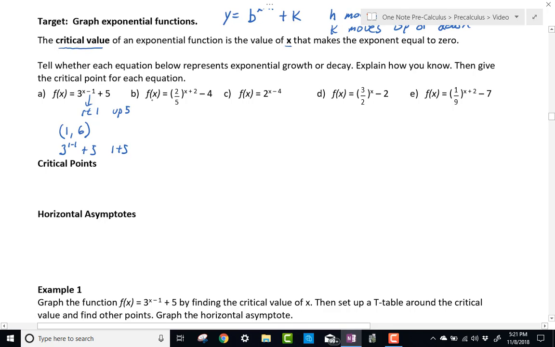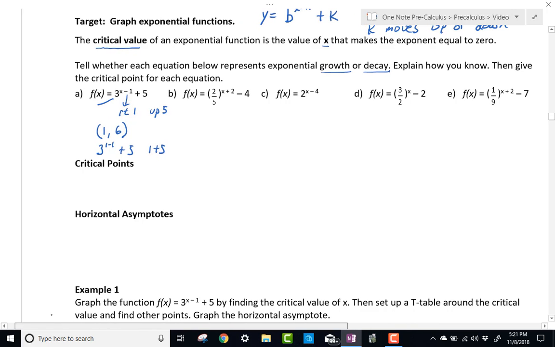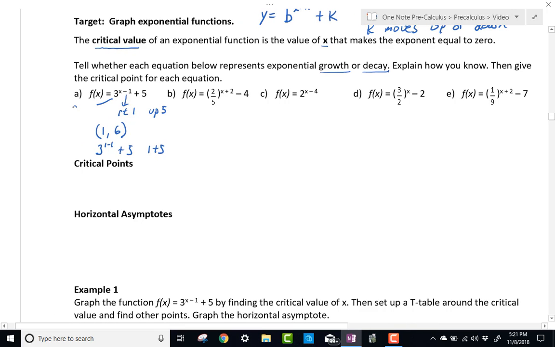Okay? So the next thing I want to do is tell whether each represents growth or decay. All right? And so growth is when my base value, scroll over here, this first one represents growth, just like our first graph did, because growth happens when my base value is greater than 1.